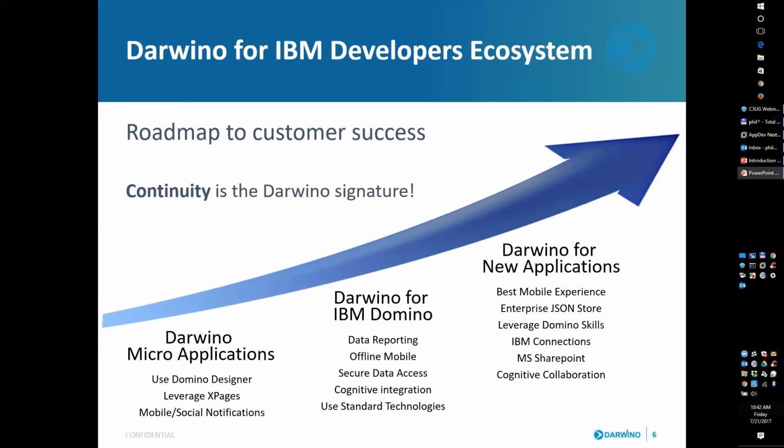We integrate with Watson Workspace, right? And we can enable notifications to Watson Workspace and so forth. So the goal here is with Domino to move your applications from where they are today to the new technologies and to the new IBM platform, doing that incrementally, and very continuously.